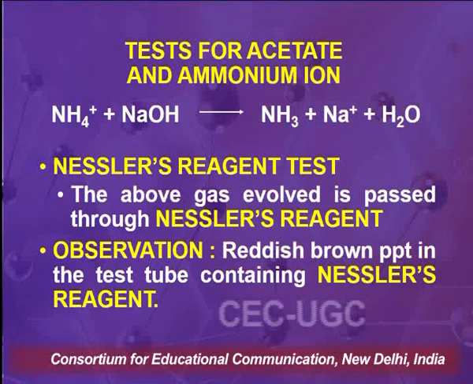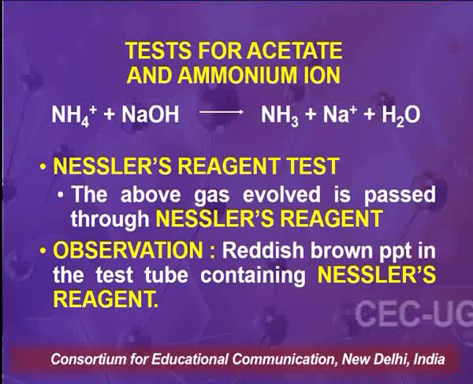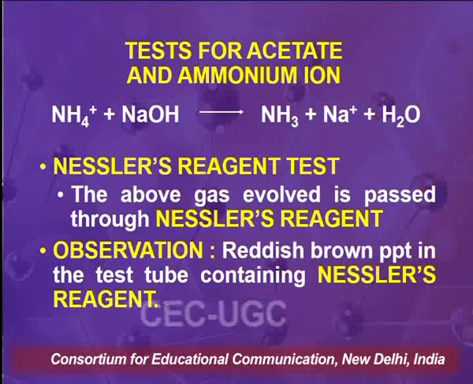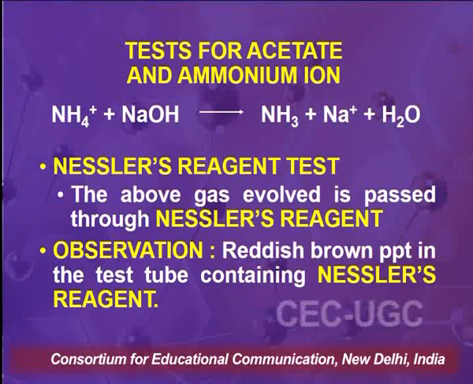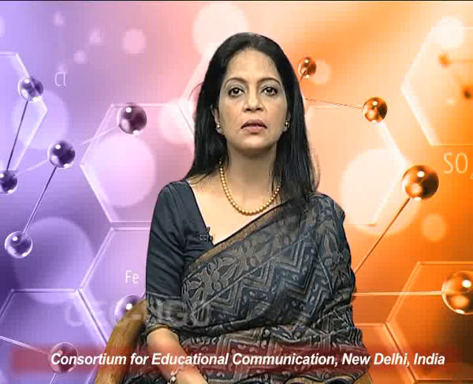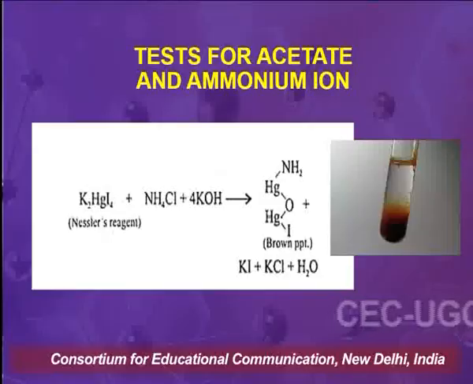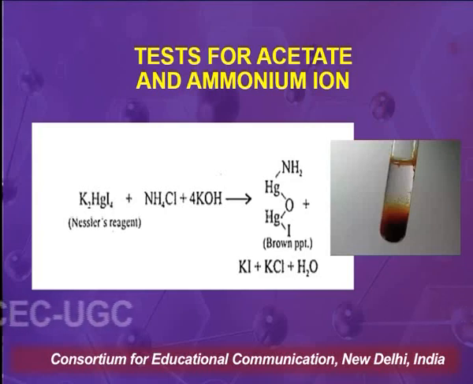The ammonia gas that is evolved is passed through Nessler's reagent, and if a reddish brown precipitate is observed in the test tube containing the Nessler's reagent, it confirms the presence of ammonium ions in the mixture. This is the chemistry involved in the test for ammonium cations.